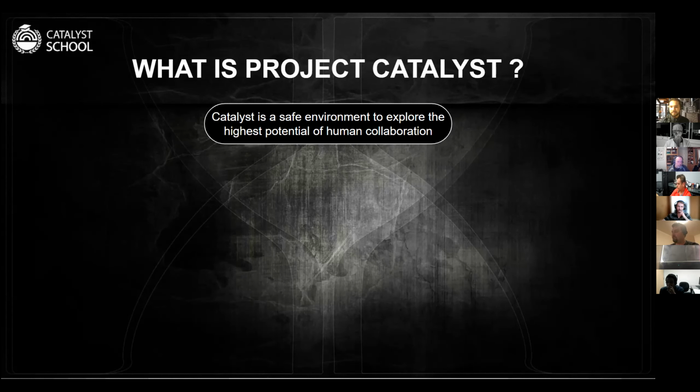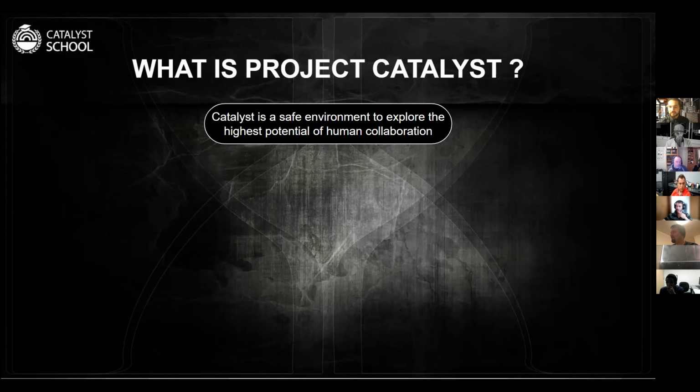But then as more people came in here, they started realizing that there were more possibilities that they could try to experiment with Catalyst. So the first way that we could answer this question is that Catalyst is a safe environment to explore the highest potential of human collaboration.